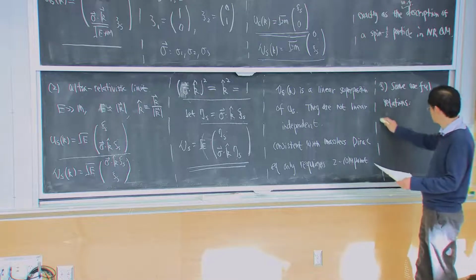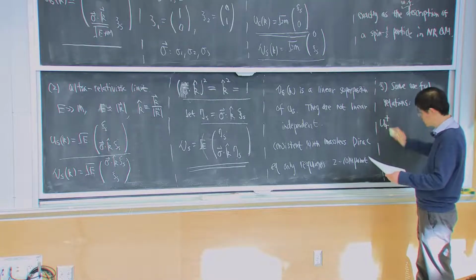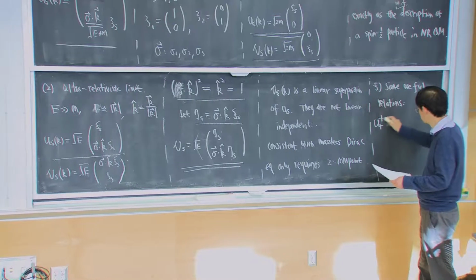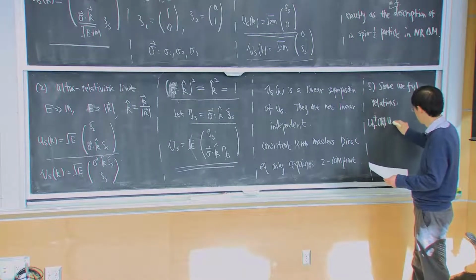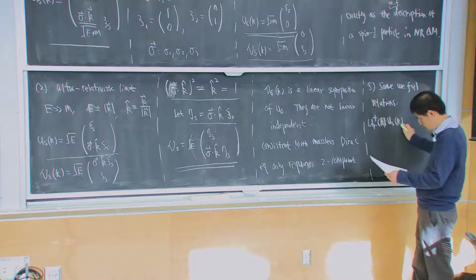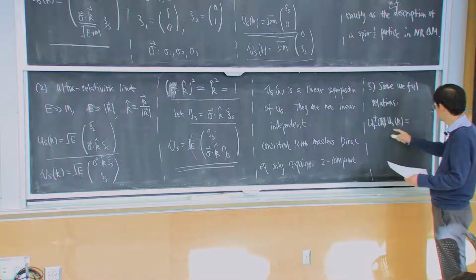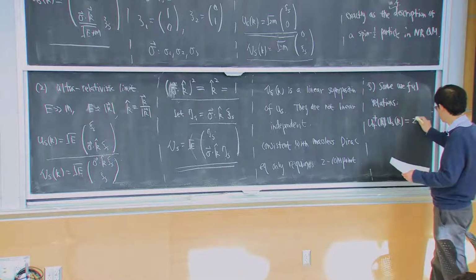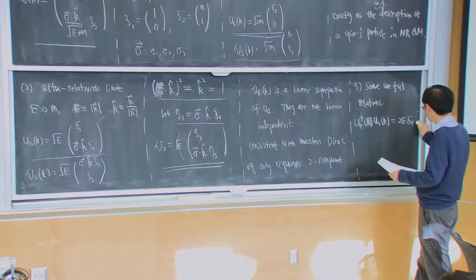So one is that if you look at UR dagger and US, so this is K, US K. Okay, again, this is orthogonal between R and S, and then it's given by 2E delta RS.